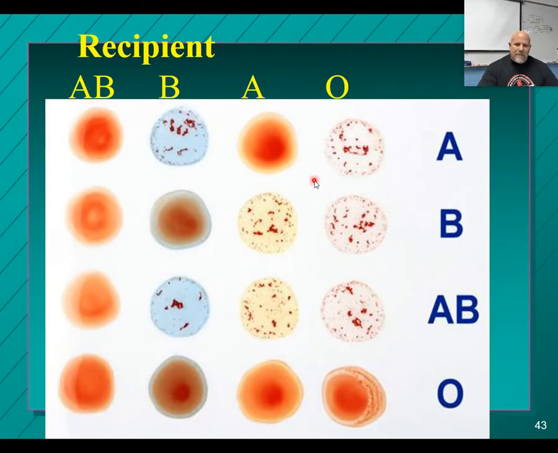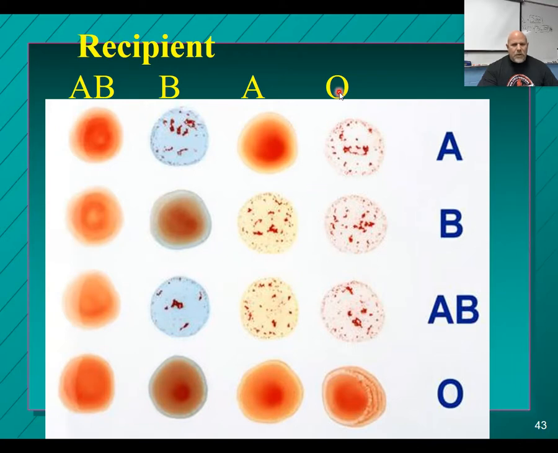And this is what happens if you give them the wrong type of blood. Because the antibodies identify and attack the antigens on the surface, blood tends to clump up. Okay? And so if I gave a type O person A blood, clumps. B blood, clumps. AB blood, clumps.